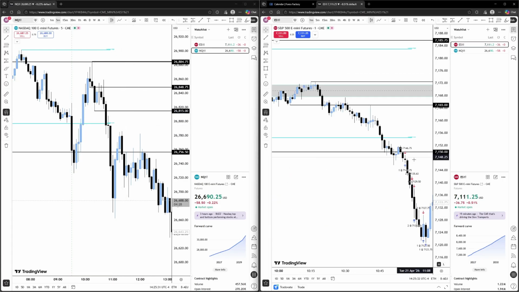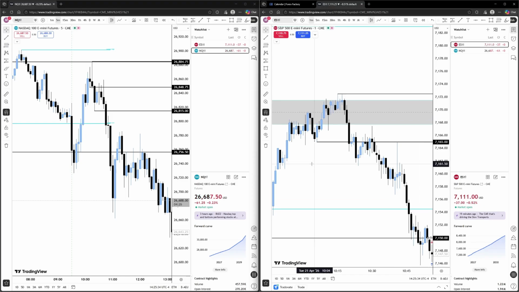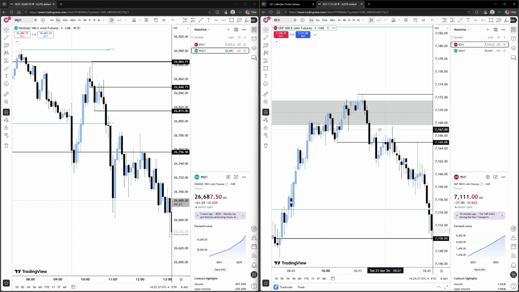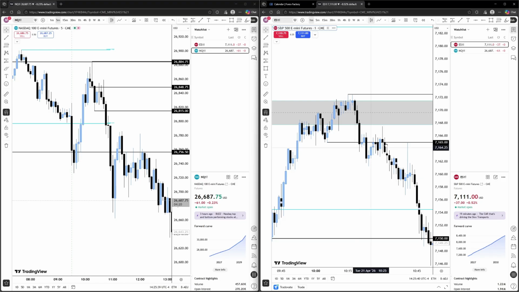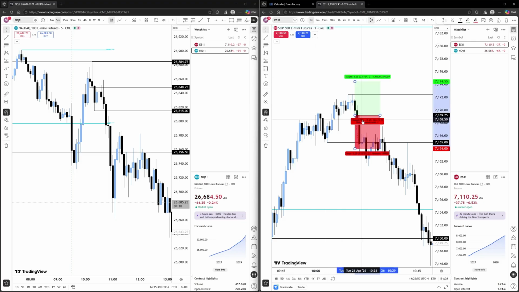Once it broke under, there was a break and retest. The break and retest wouldn't have really helped, but it came and tested that, so we could have had a fair value gap there.